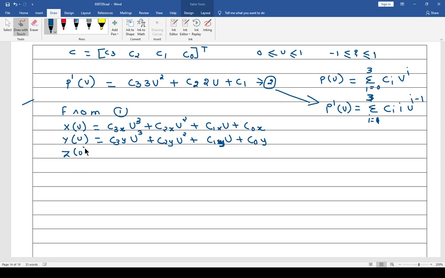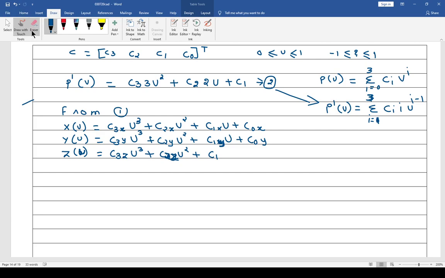Similarly, z of u is equal to c3z u cube plus c2y u square plus, not c3, c2y z, it is not y, it is z.